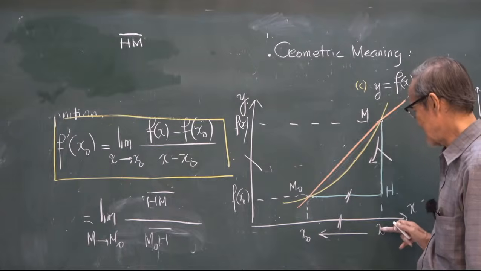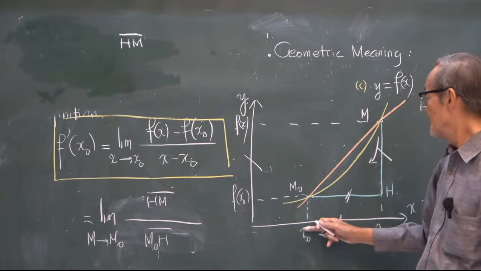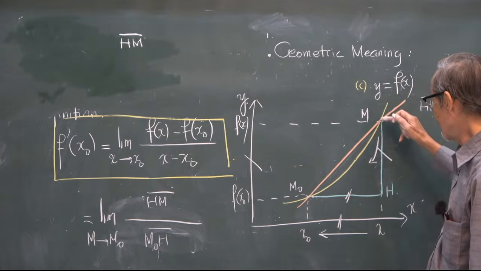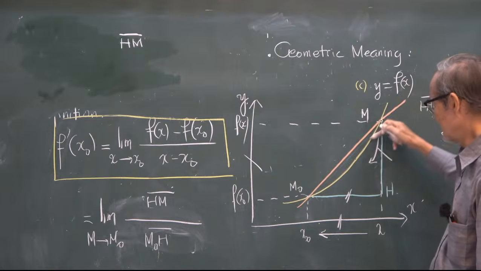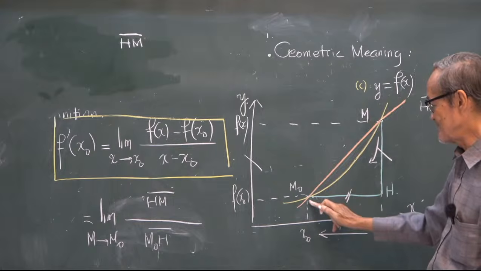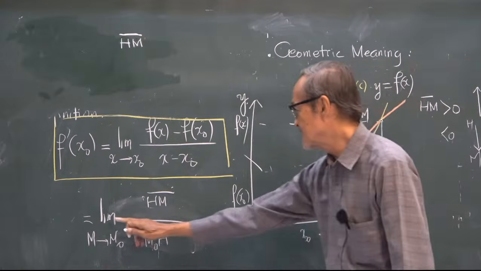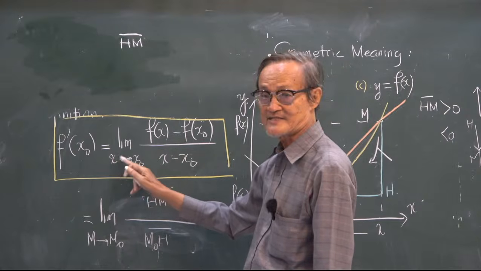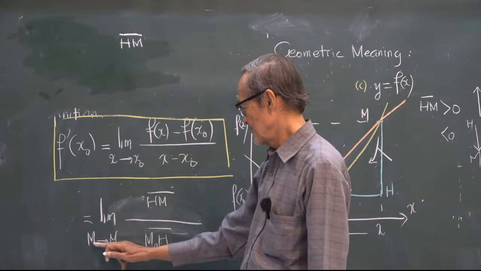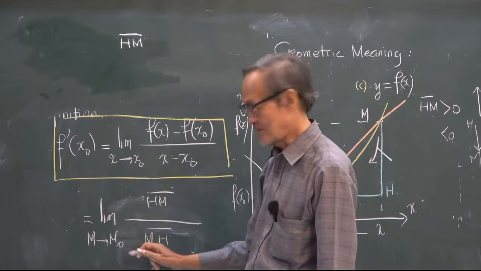When x tends to x0, we have the point M tends on the curve to M0. So, limit as x tends to x0, M tends to M0.